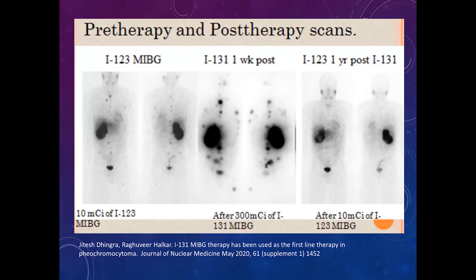And here is an example of a patient with probably neuroblastoma or pheochromocytoma. In the right retroperitoneum, you can see imaging with I-123 labeled MIBG on the left, with high avidity of the tumor and multiple metastases, it looks like in the bones and probably in the mediastinum, probably in the lymph nodes.